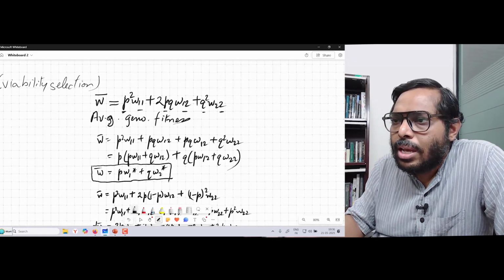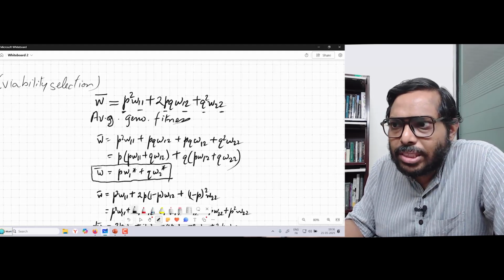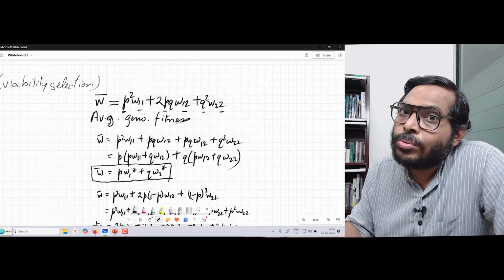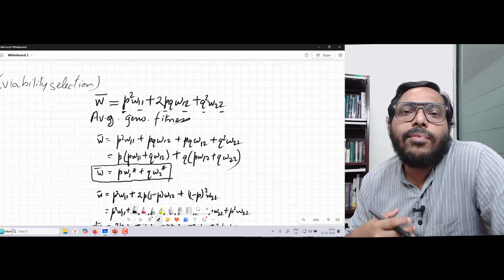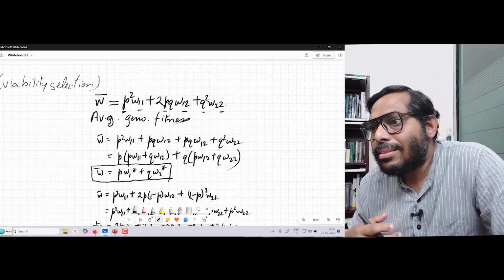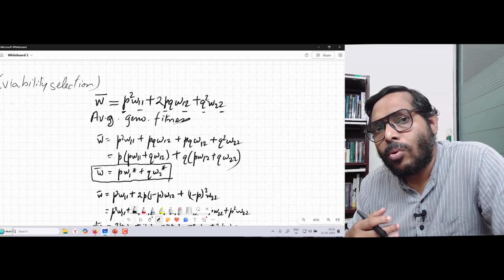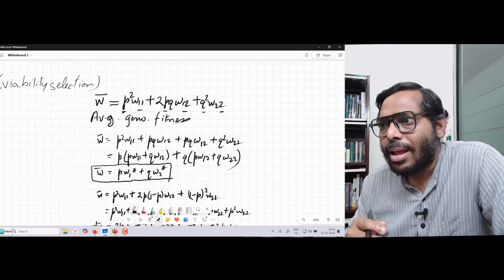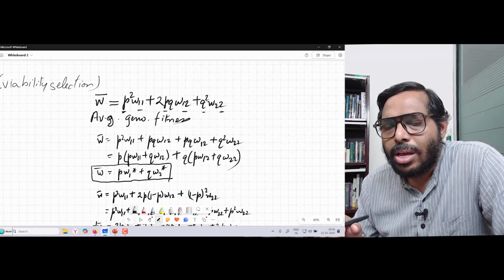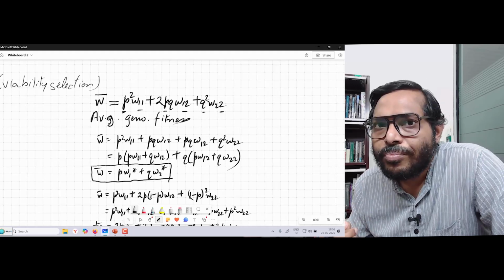The max power that P can have is 2, it can't go beyond a square. Now, we also know that a quadratic is going to have at max one maxima or one minima, and that maxima or minima is going to happen when dW bar/dP is equal to 0.